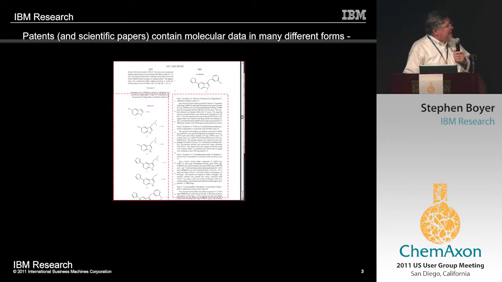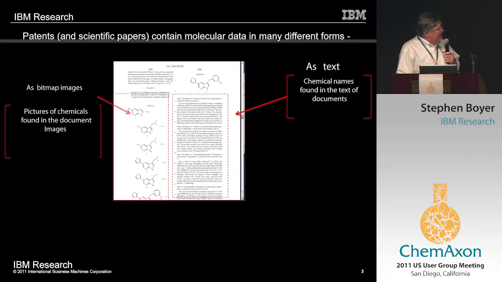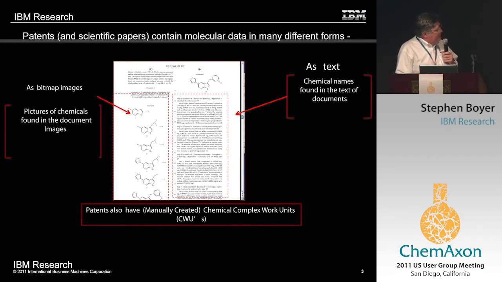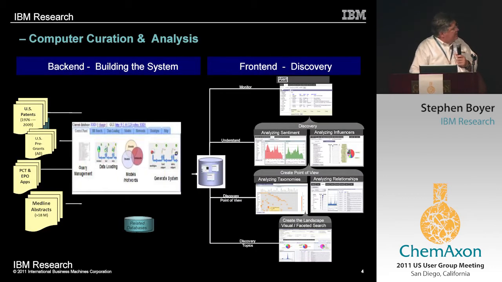Patents, as you know, and journal articles or what have you, in-house documents contain chemical content, both as text, as image, and as what we call complex work units or manually curated data. And what we try to do is basically build a back-end environment, which we've been working on at Almaden for some time.